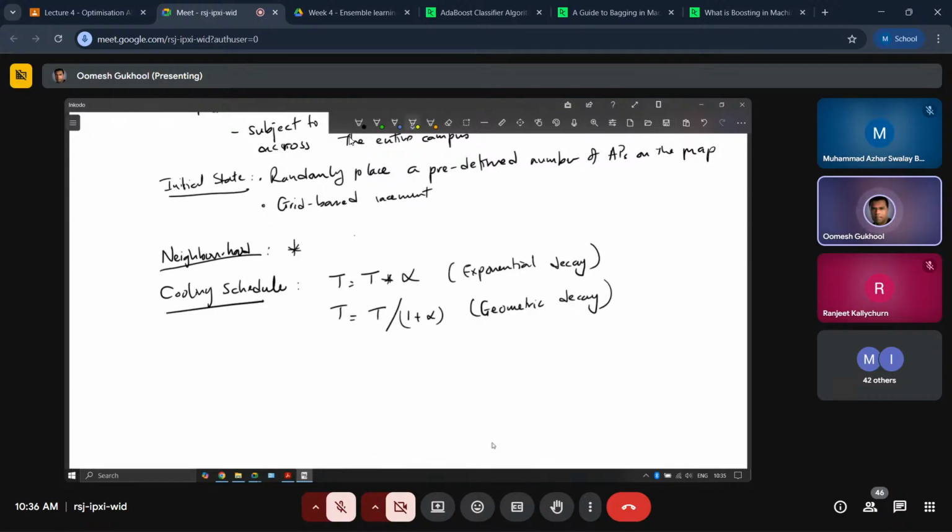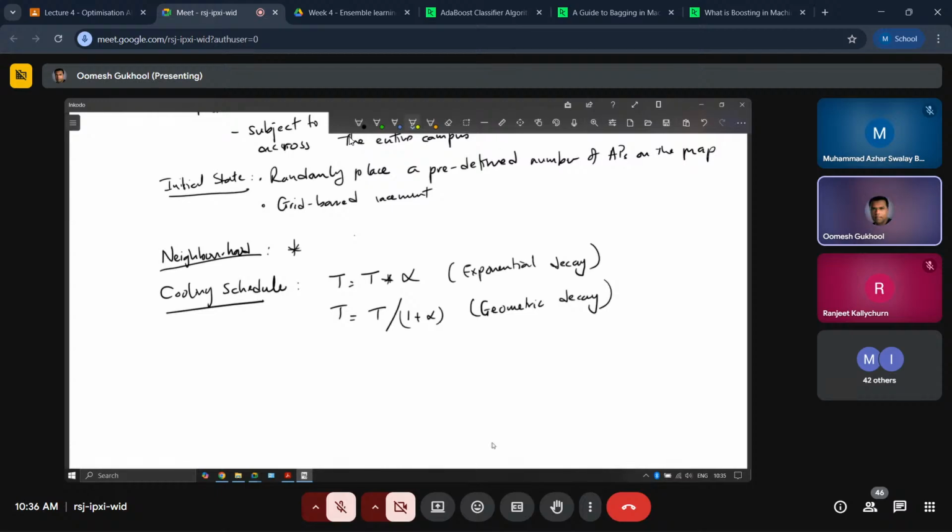Most people who are using simulated annealing tend to spend a lot of time in experimentation, trying to get the right cooling rate, the right temperature. Don't know whether I should use the exponential decay, geometric decay, or use both. In some cases, you can see people using both. Why? Because it is very sensitive. A slight change will have a drastic effect on the algorithm.